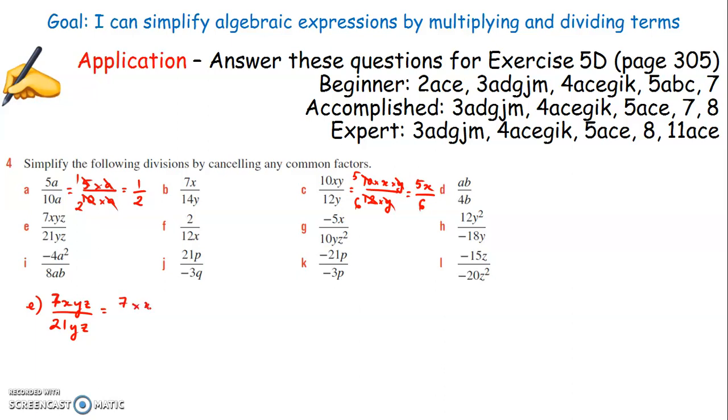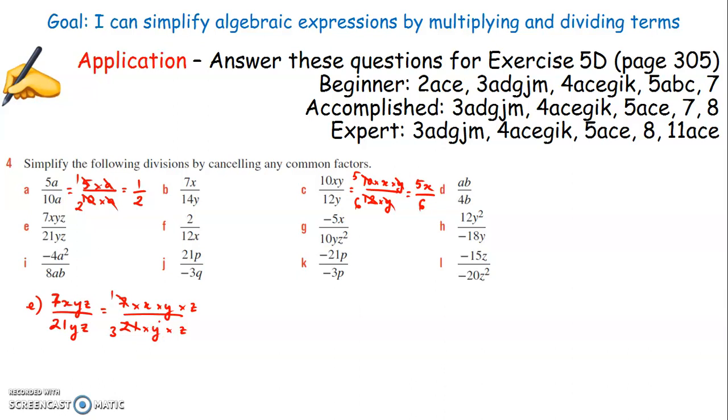That's 7 times x times y times z over 21 times y times z. What is the common factor for 7 and 21? That would be 7. How many times can 7 go into 7? That's 1. How many times can 7 go into 21? That's 3 times.